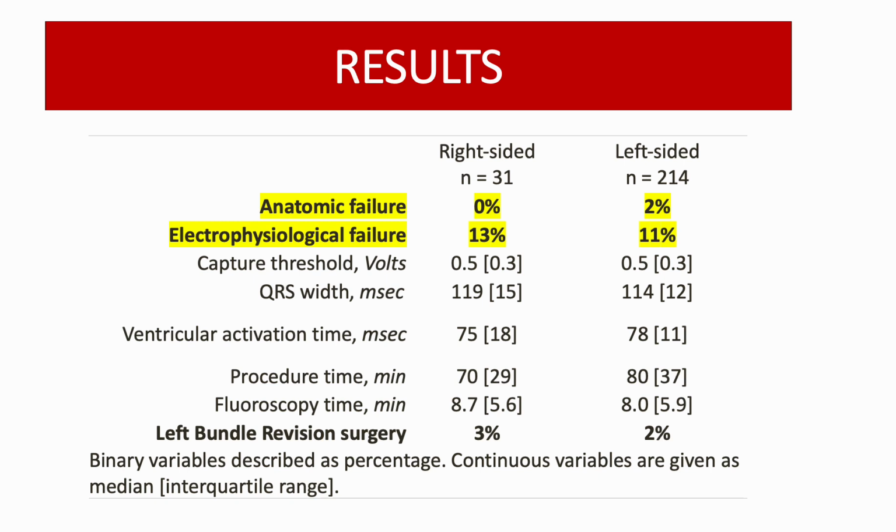It is important to note that ventricular activation time is a common parameter that is used to confirm capture of conduction system pacing. So if the number from the right-sided group is close to or similar to the left-sided group, that means that the procedures went fairly well.